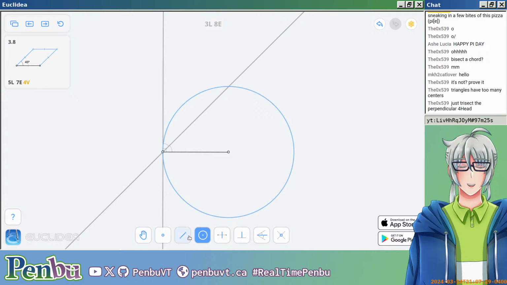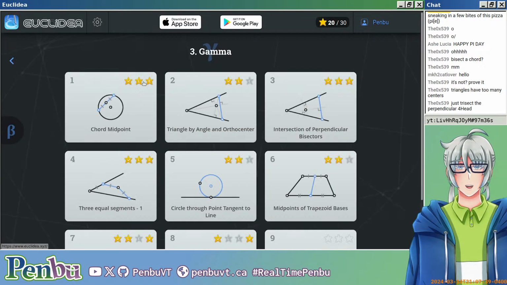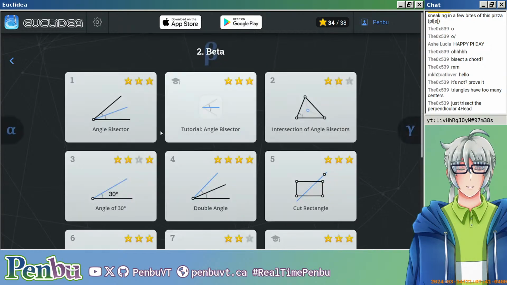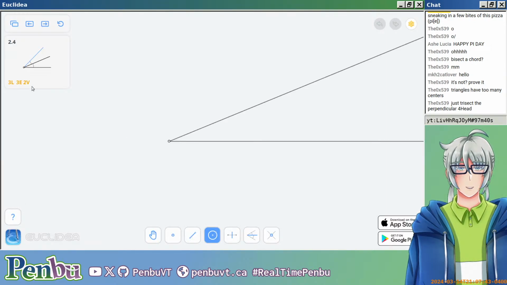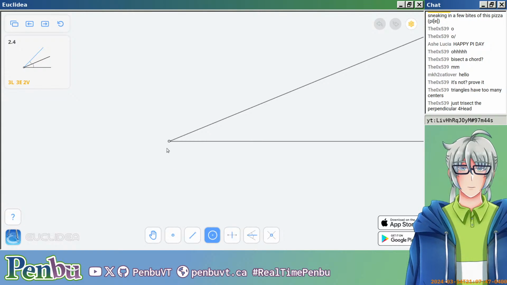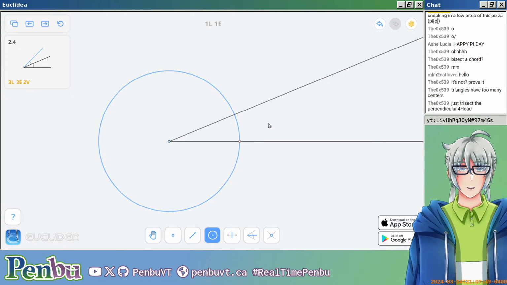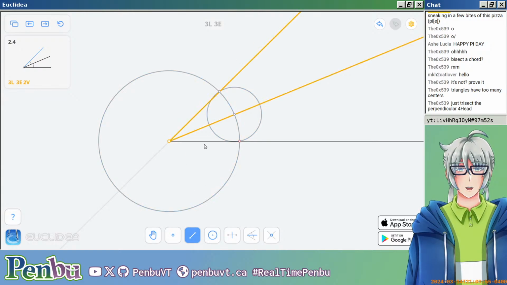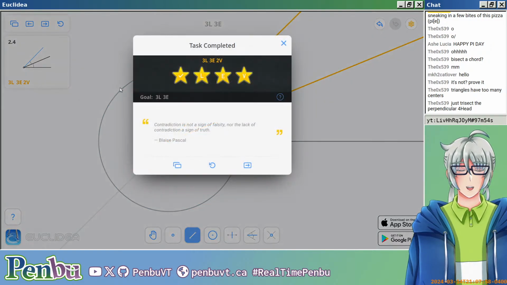We had a line. Okay, we're gonna go back to the double angle one. So if you create a circle here, and then create a circle from there, the point where this intersects is where it doubles. Okay.